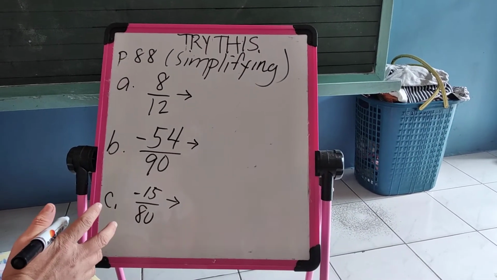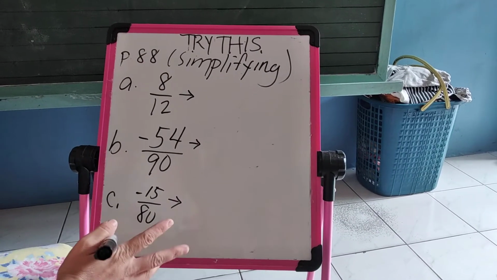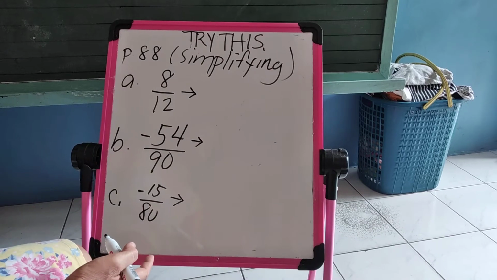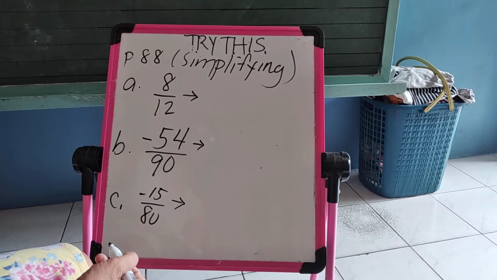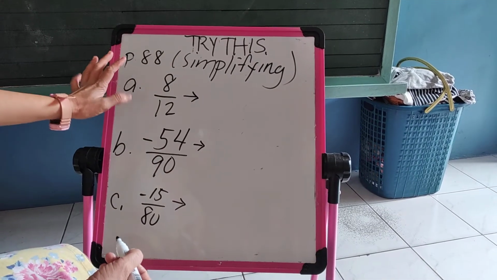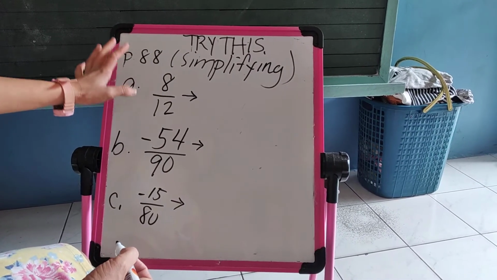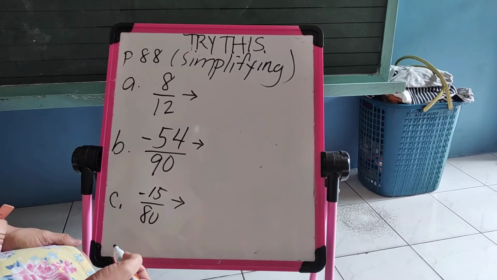So here are the answers to your try this activity on page 88 on top, all about simplifying fractions. Remember, when you simplify fractions, identify the greatest common factor that can divide both your numerator and your denominator.